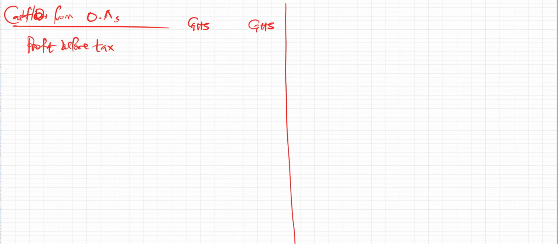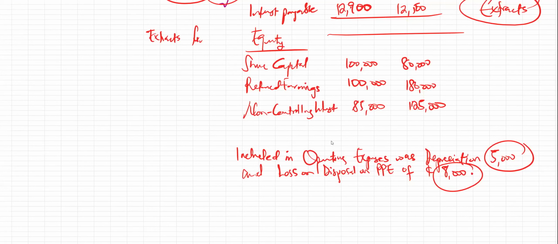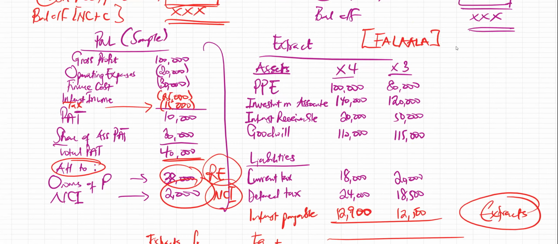If I take my profit before tax, I'm just going to assume a figure. No, it was in the question. In the question itself, we had profit before tax. How much was it?